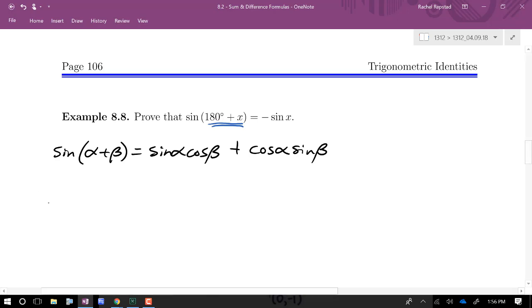So we're going to use this to help us out. Sine of 180 degrees plus x. What should the expression on the right side look like if we're using the sum formula for the sine function?